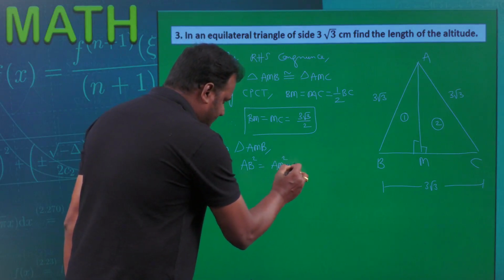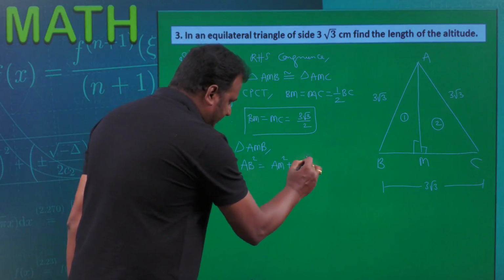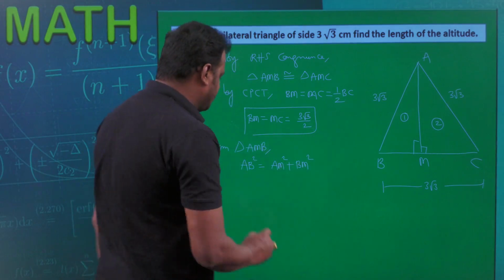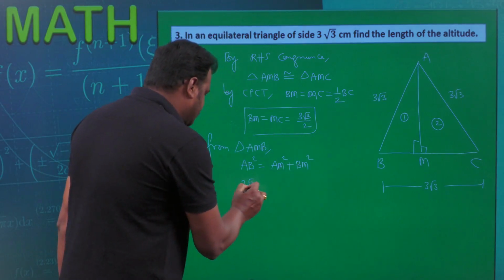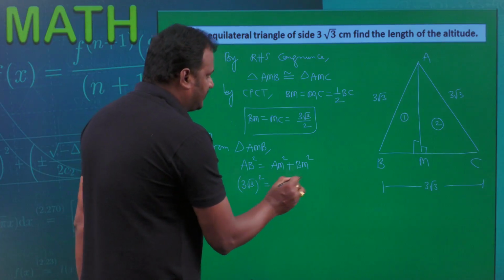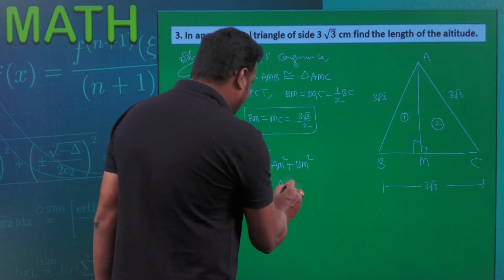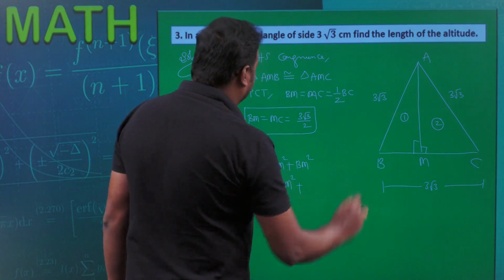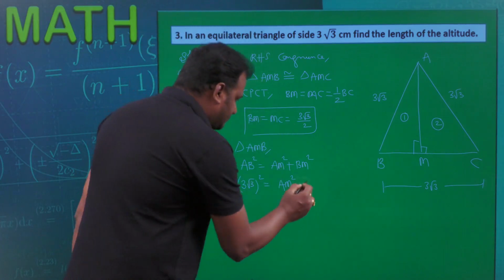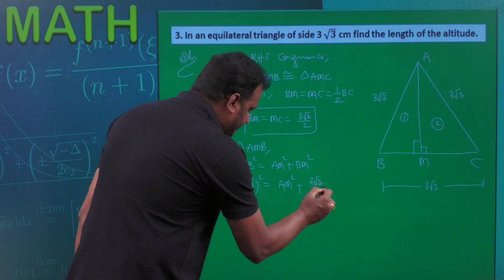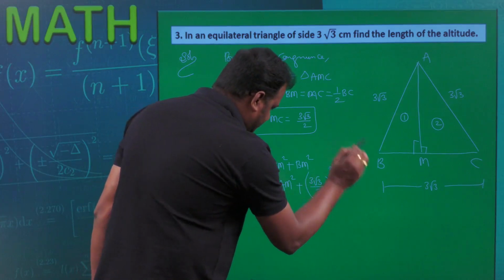AB is equal to 3 root 3. So 3 root 3 whole square is equal to AM square plus 3 root 3 by 2 whole square.